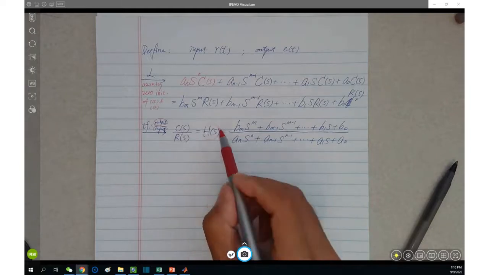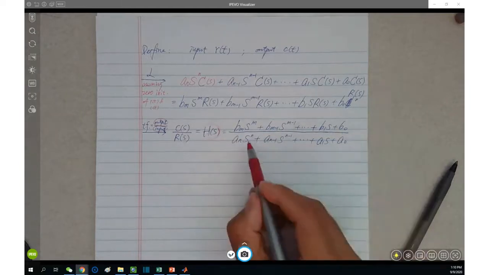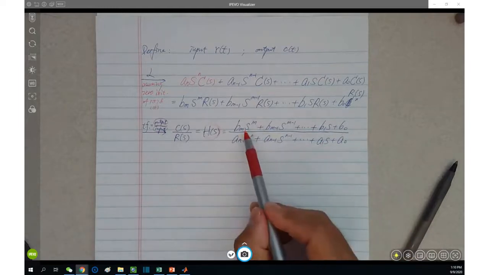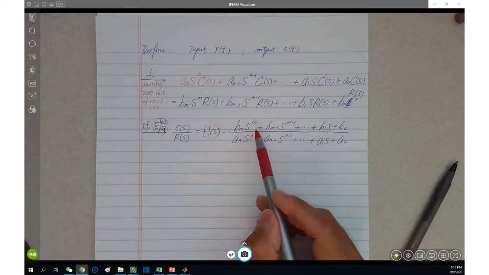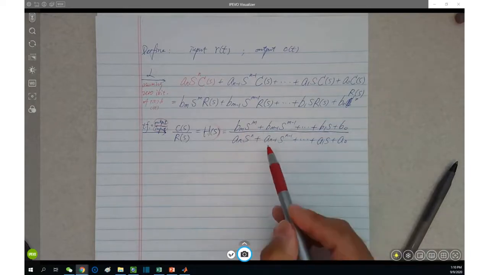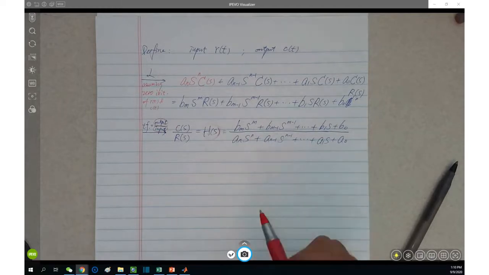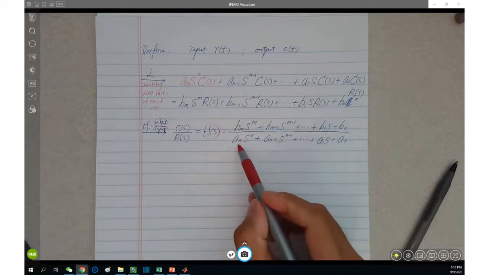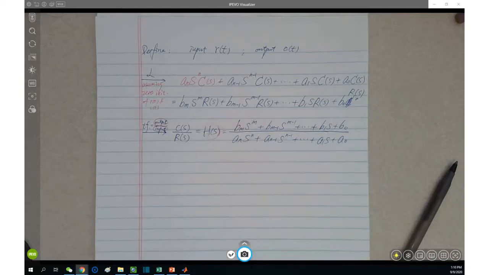Then you apply a bit of math, and you end up with the numerator as an S polynomial of mth order. The denominator is an S polynomial as well, with nth order, with a bunch of coefficients, B's and A's, in numerator and denominator respectively.